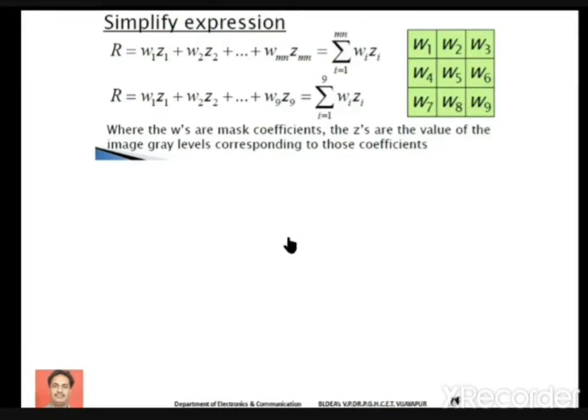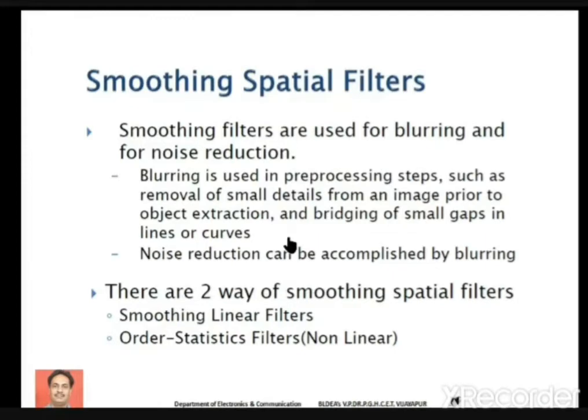Here, as we discussed, there are a large number of spatial filters. We have two important operations while performing filtering: smoothing and sharpening.